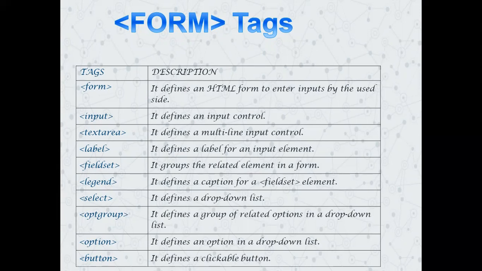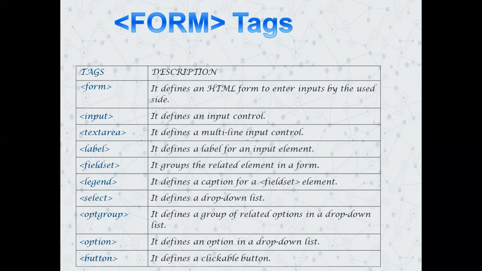Then we have fieldsets, which relate to a group of elements, a group of controls which should be in the fieldset, which should be in the form. Then we describe the legend, which defines a caption for a fieldset. Then we have the select tag, which is a drop down list where you can choose and opt for certain groups.